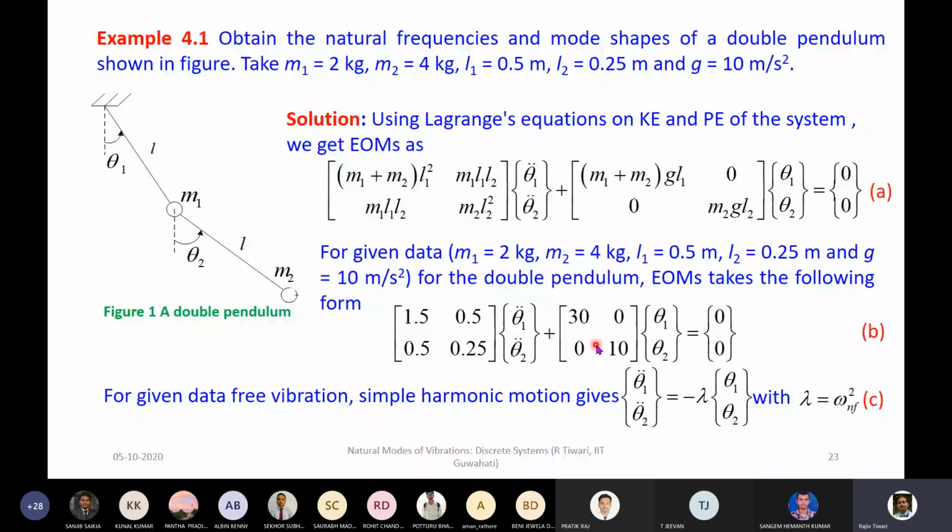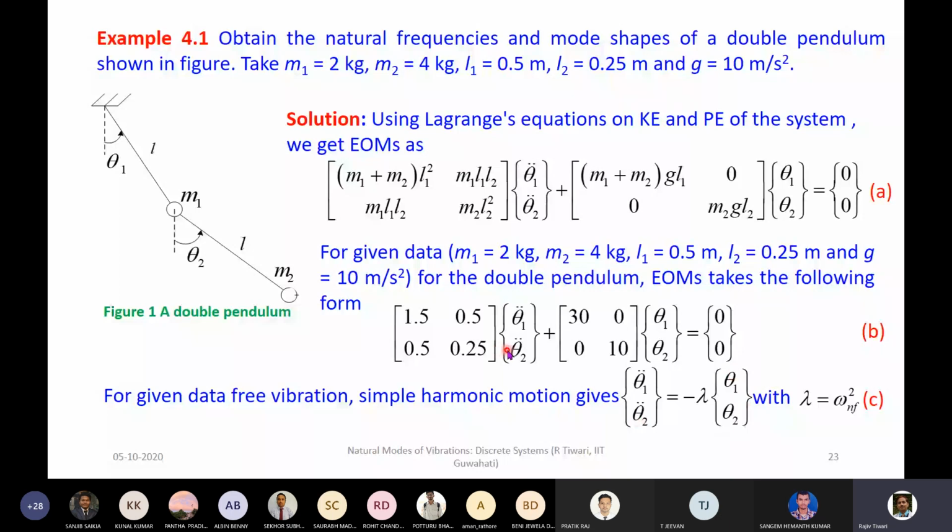Now to get the eigenvalues, because we want to solve the free vibration or harmonic motion, the acceleration will be proportional to the displacement but negative of that, and lambda is nothing but the natural frequency squared. So this is the simple harmonic motion condition.